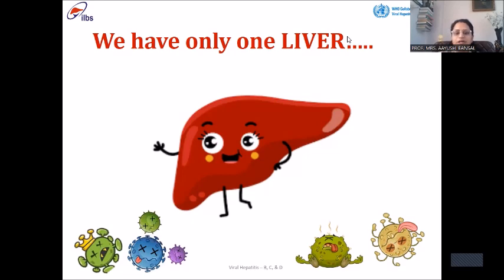We'll not go into the detail. Moreover, the liver has more than 500 functions, but in today's presentation, we'll deal with a few of them, like detoxification, metabolism, production of bile, and cholesterol synthesis.